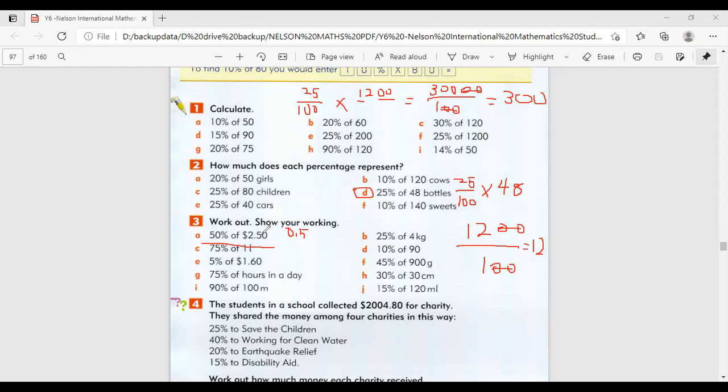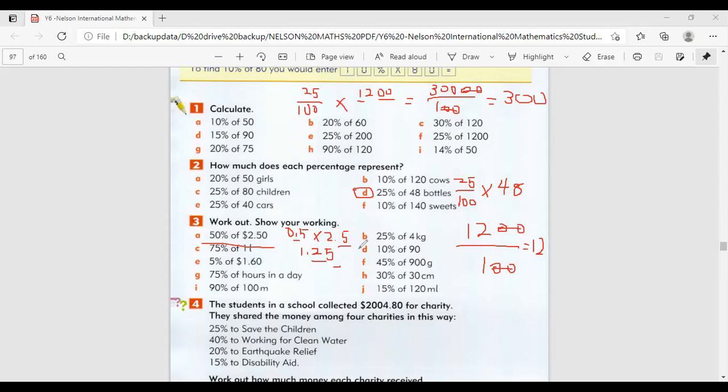So 0.5 times 2.5. That will be 125. How many decimal places? We have 1 and 2. So 1 and 2, so 1.25. So half, 50% of 2.50 is 1.25.